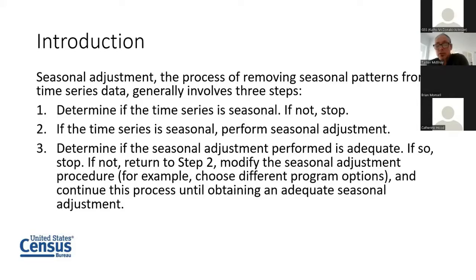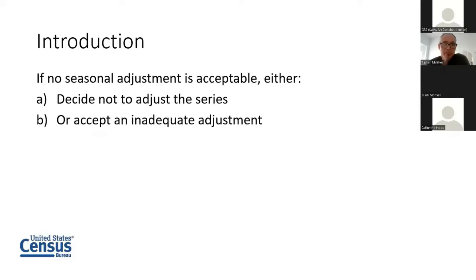If it's not, then you have to go back to step 2, try to modify the seasonal adjustment, maybe choose a different model or alter the program options, and you will continue the process until you obtain an adequate seasonal adjustment. It can happen that no seasonal adjustment is acceptable or adequate.